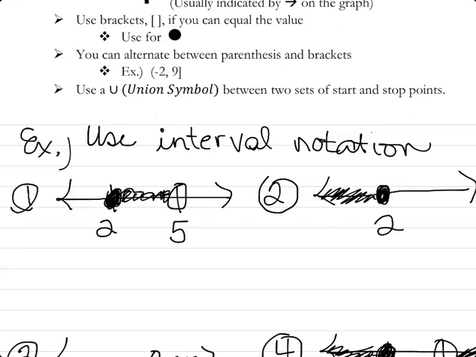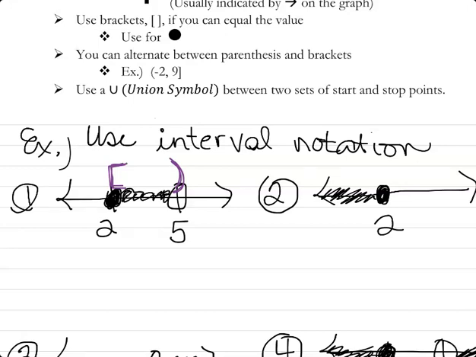The first thing I want to draw your attention to is we're no longer going to use that closed and open circle. Instead, where that closed circle is, we're now going to use a bracket. Where the open circle is, we're now going to use a parentheses. That way our notation on our number line is going to match that of our interval notation.